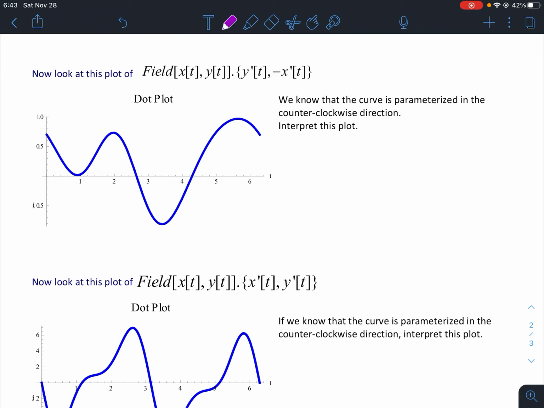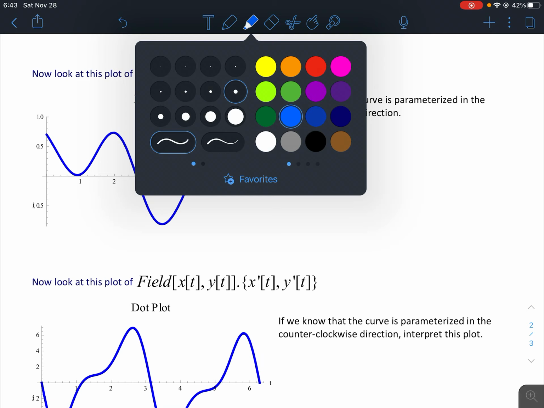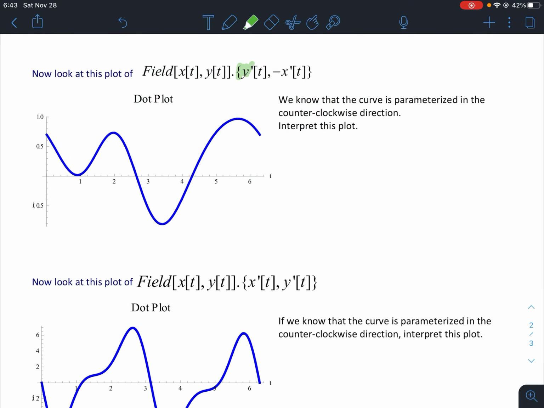So here we have a dot plot. We want to figure out what this dot plot is of. If you look right here, it is a dot plot of some field and the normals. As soon as you see that it's the normals, you should be thinking this is flow across.